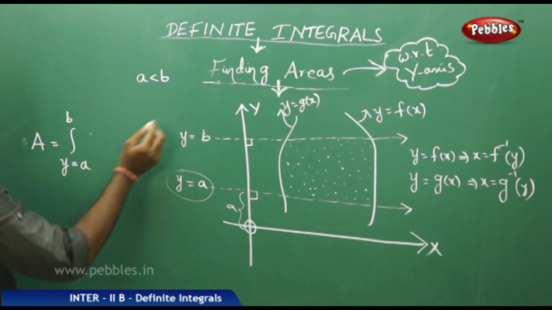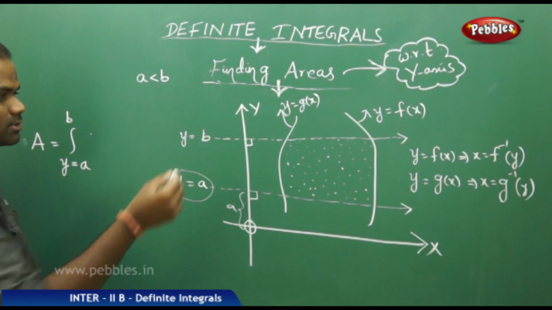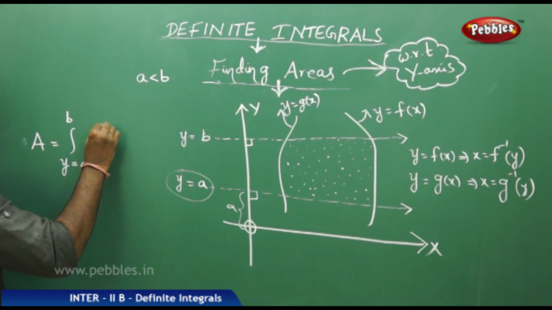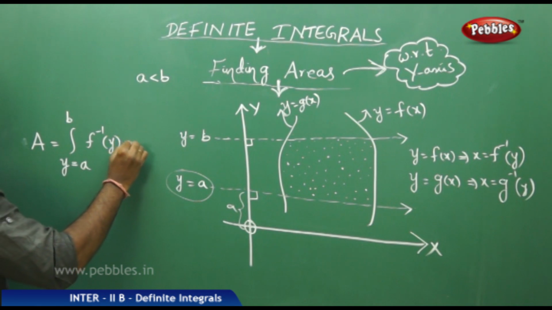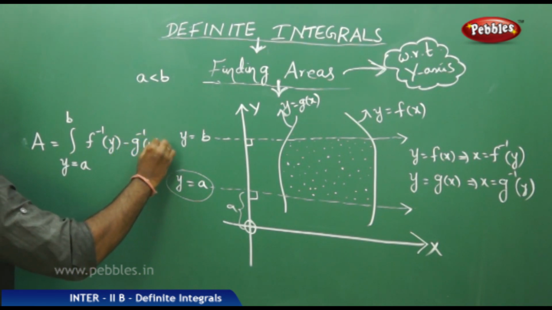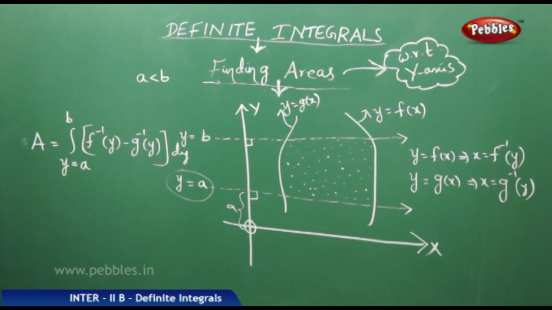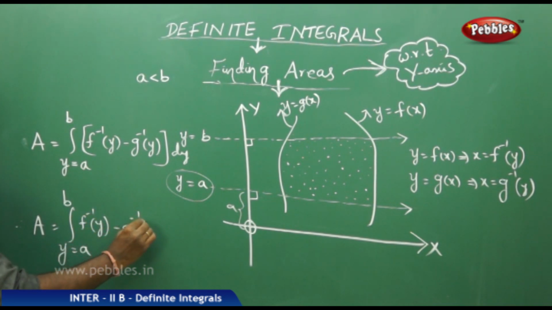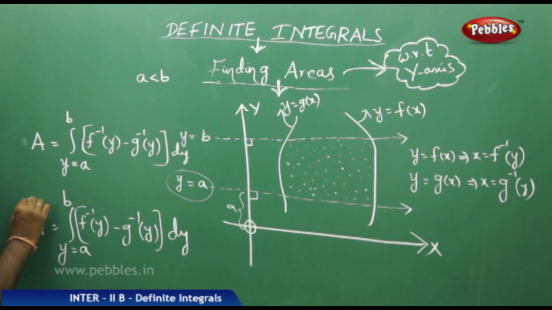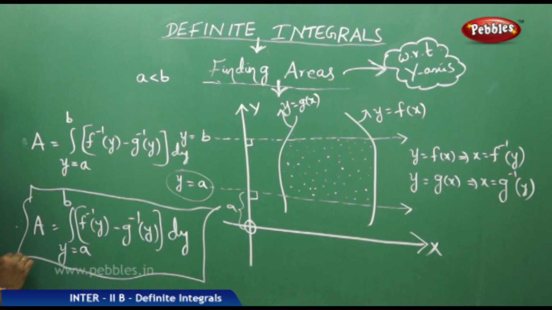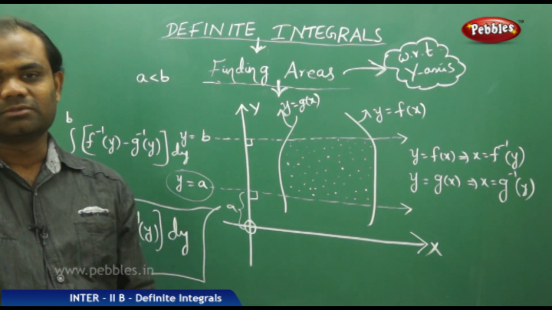So therefore my upper curve is given by y equal to f of x, so x is f inverse y, so I get this as f inverse y minus g inverse y of dy. So the whole of this is transformed into the integral of f inverse y minus g inverse y of dy, is what we get in terms of y.